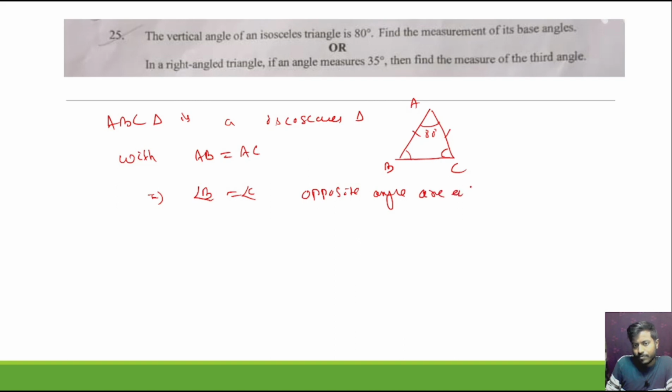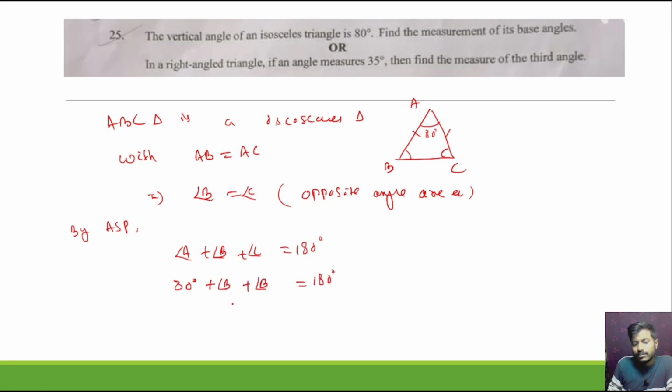Yes or no? So now by the angle sum property we can write the sum of the three angles is equal to 180, meaning angle A plus angle B plus angle C is equal to 180 degrees. Now put the value. Angle A means 80, angle B plus angle B is equal to 180 degrees.